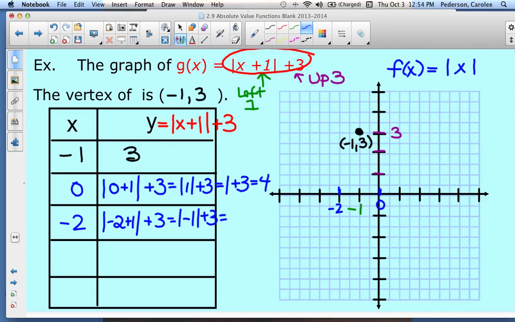The absolute value of -1 is 1, plus 3 is 4. Notice we got the same answer here and there. The reason why is they are considered symmetric. So now let's graph those ordered pairs. The first ordered pair that we found in the blue is over 0, up 4. And then our second ordered pair we found in the blue is left 2, up 4.